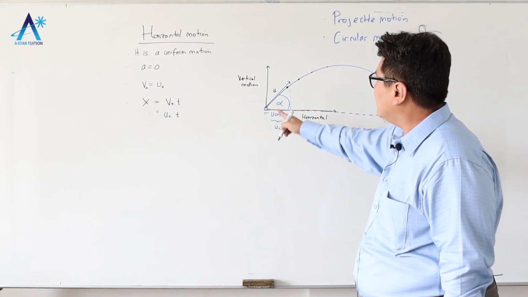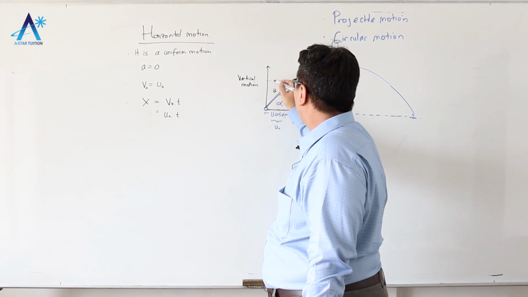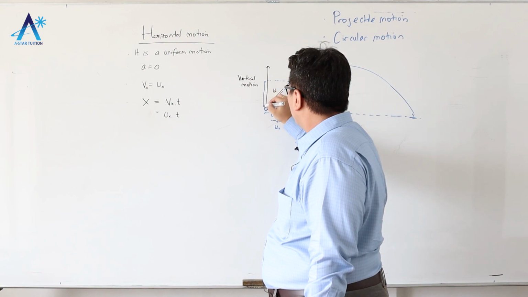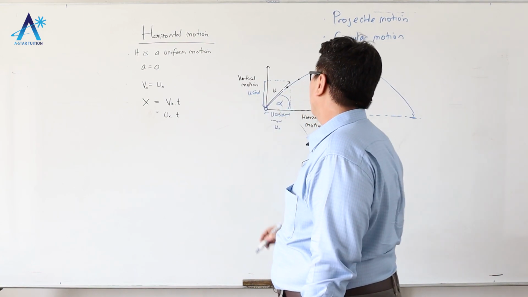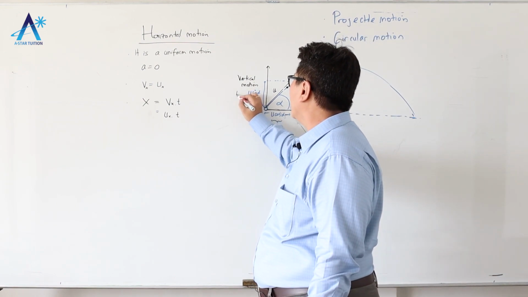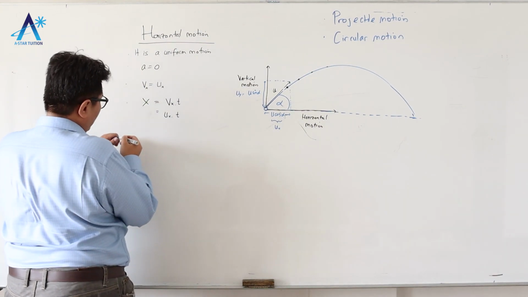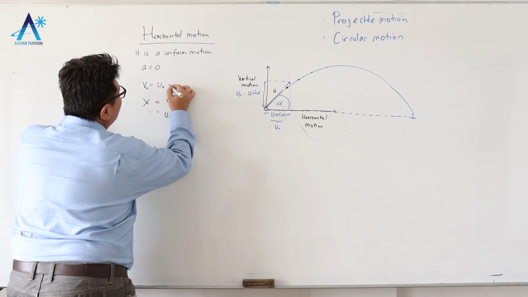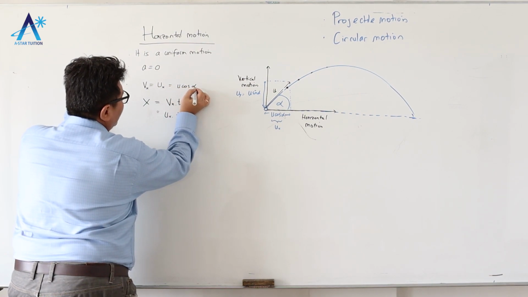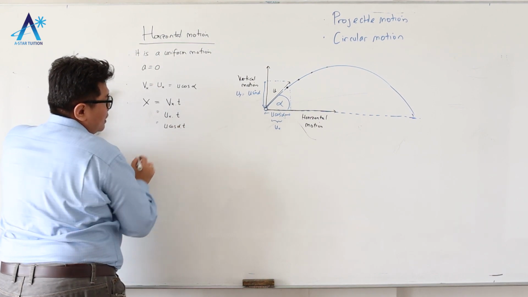On the other hand, you also have the vertical component of the initial velocity, which is u sine alpha. So this is uy. Therefore, here we can write down that Vx is equal to ux, which is equal to u cosine alpha, and the displacement is u cosine alpha times t.